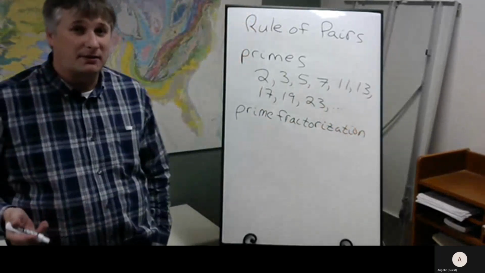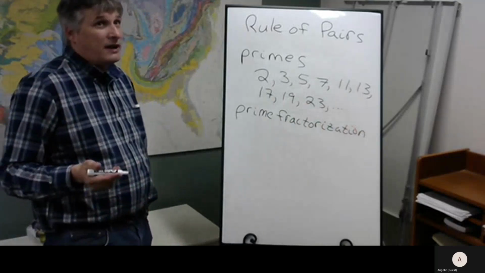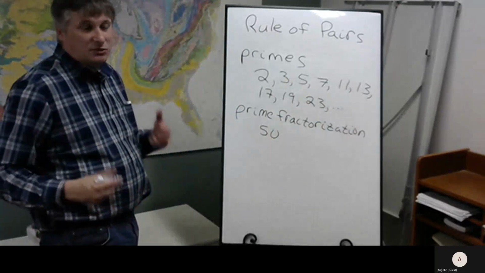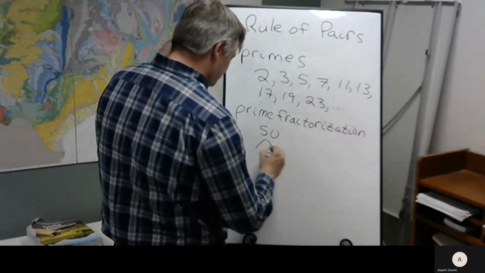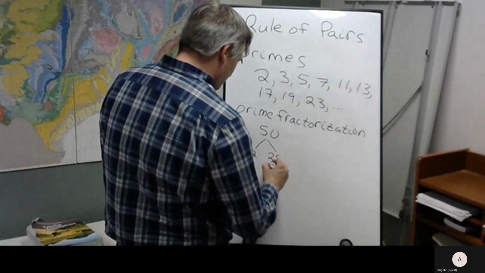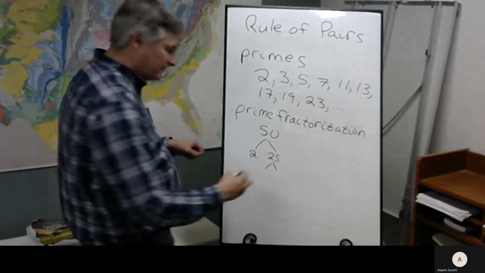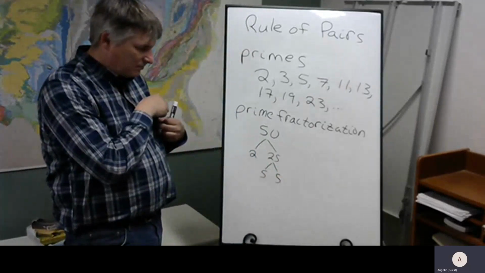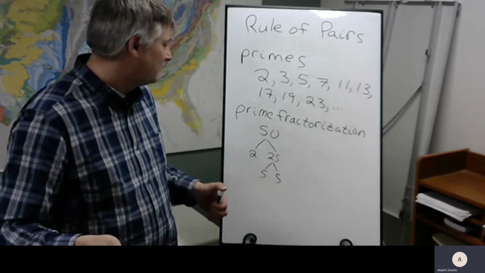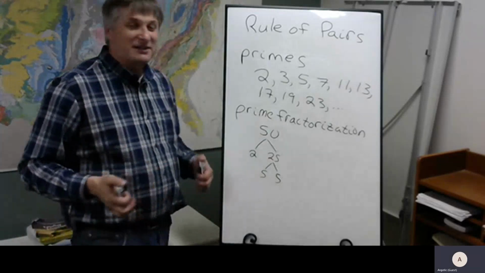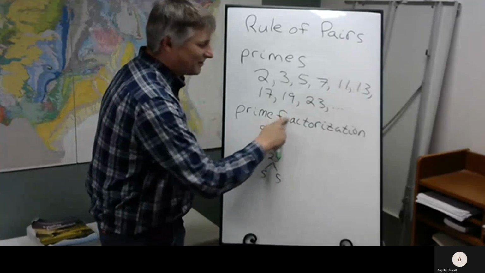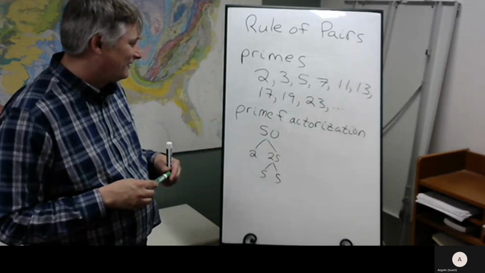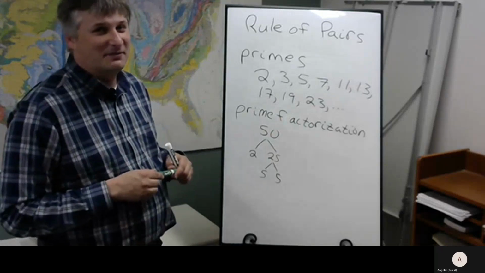So you might have seen something like this before. So let's say we have 50. Well, 50 is 2 times 25. And 25 is 5 times 5. Is it called factorization? Prime factorization. Oh, factorization. I'm sorry. Thank you. One too many R's. So prime factorization.